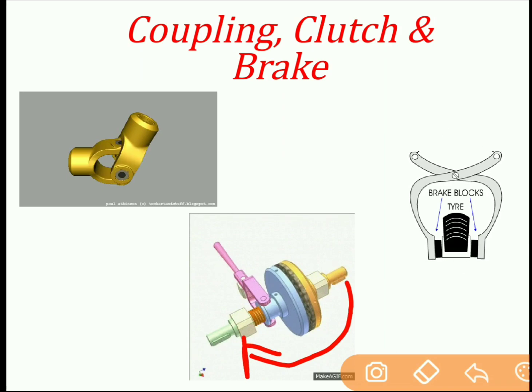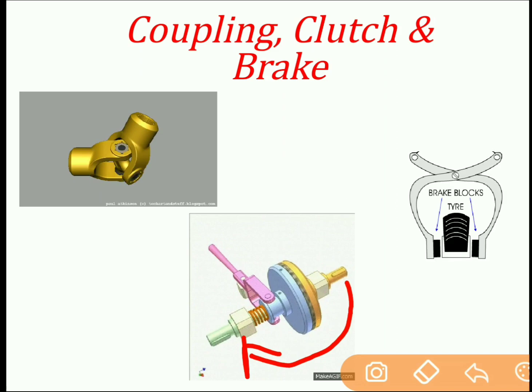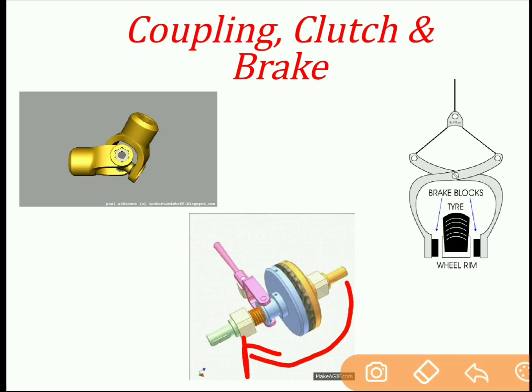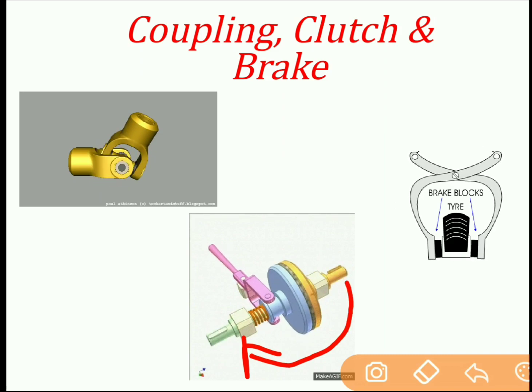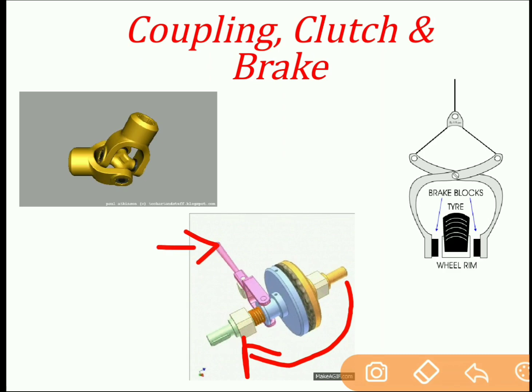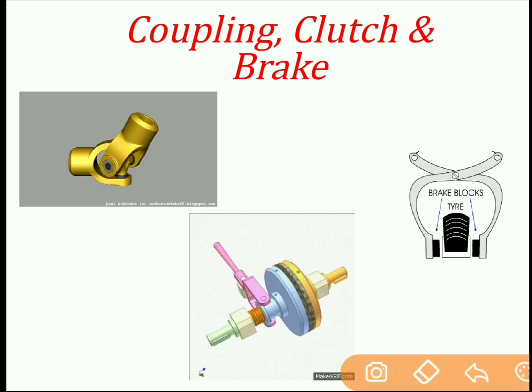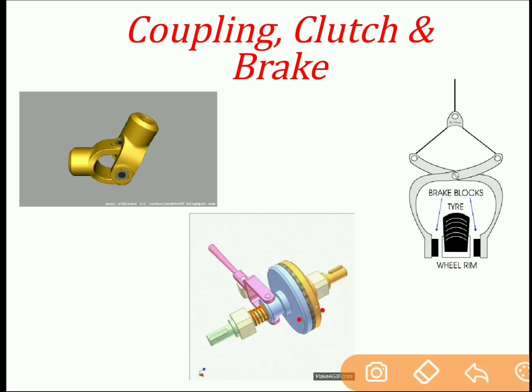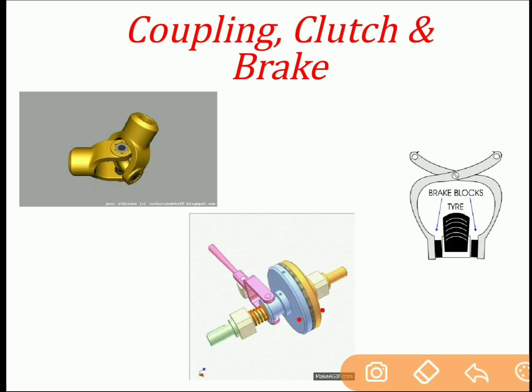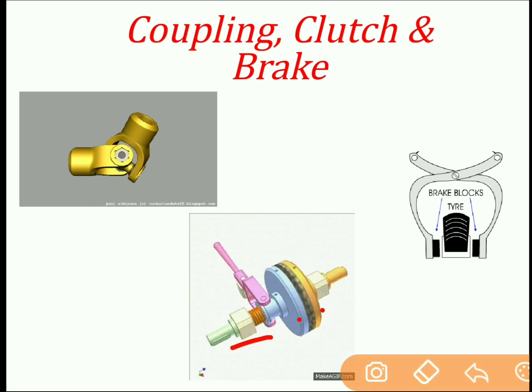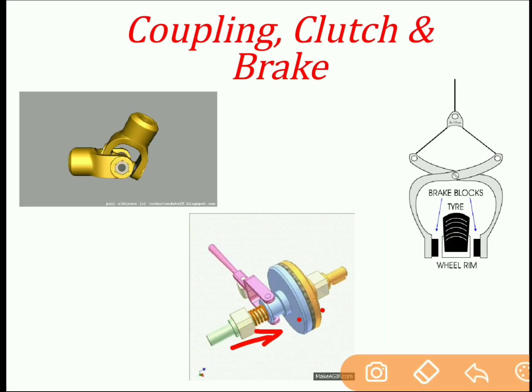And suppose in case of automobile, when you want to change the gear, then you need to press the clutch. So when you press the clutch, effort is applied on this link, and when the effort is applied on this link, there is a disconnection between the driving shaft and the driven shaft. And when you release the clutch, because of the spring force, these two discs will come in contact.